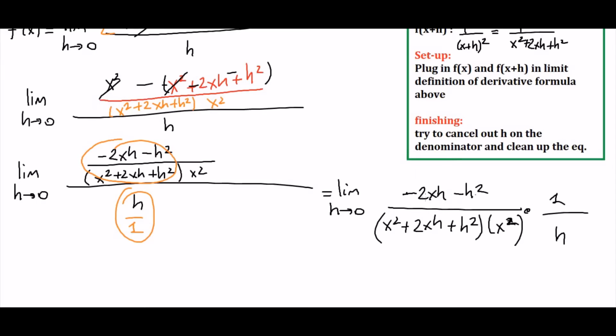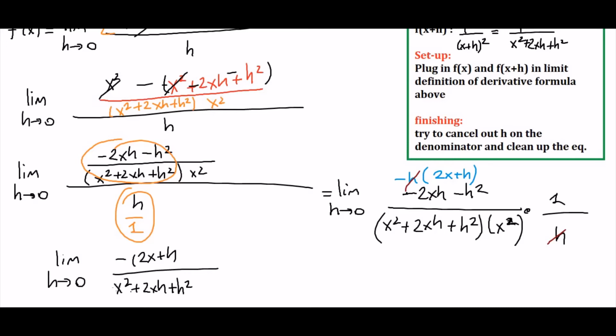So here we can factor out h. We can factor out negative h actually. So 2x plus h is left inside. So h cancels h, so we're left with negative 2x plus h over x squared plus 2xh plus h squared times x squared.